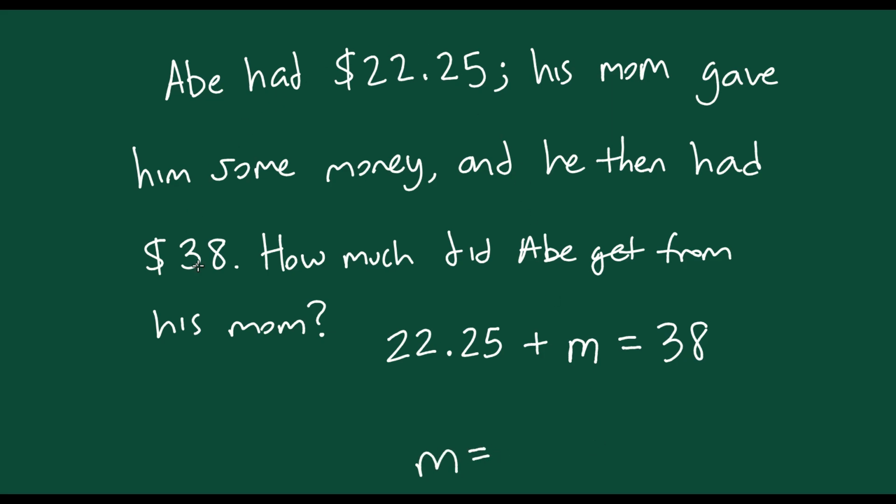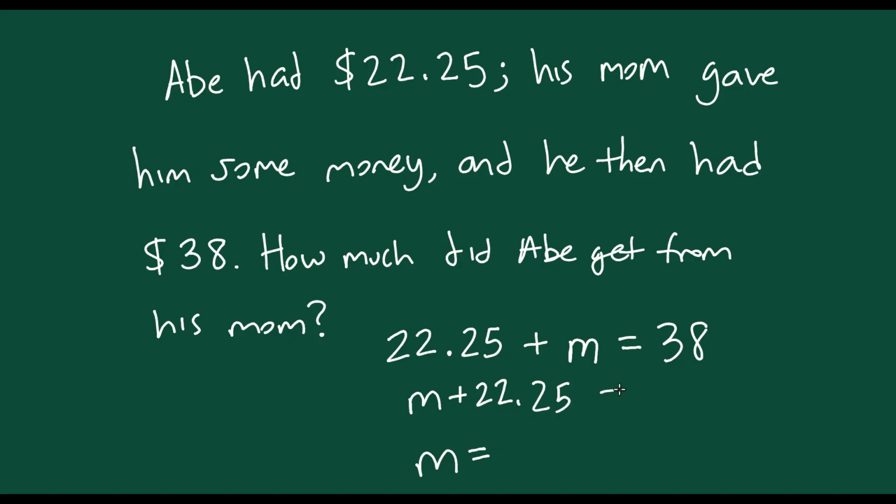So this whole paragraph, once you interpret it correctly, once you set it up as a math equation, it's very, very simple. We've been doing this whole video. Now remember the commutative property, 22.25 plus m is the same as m plus 22.25.